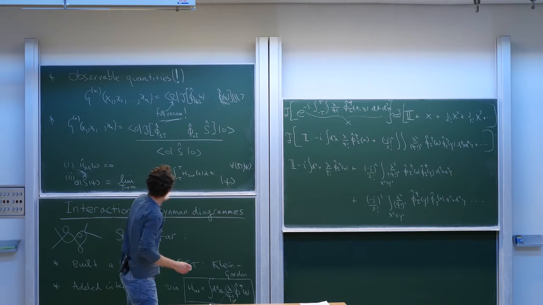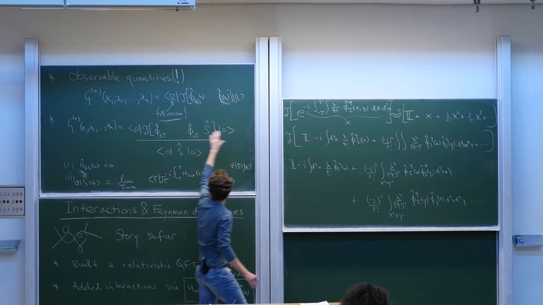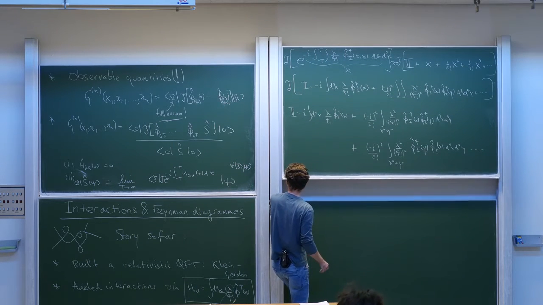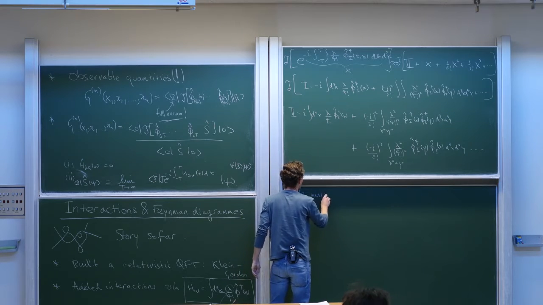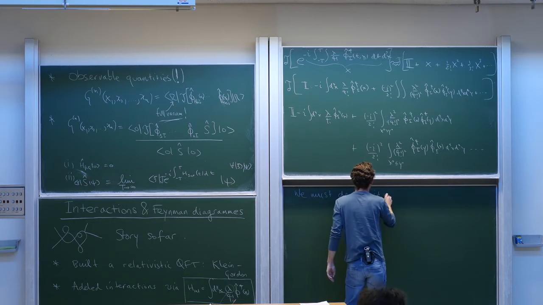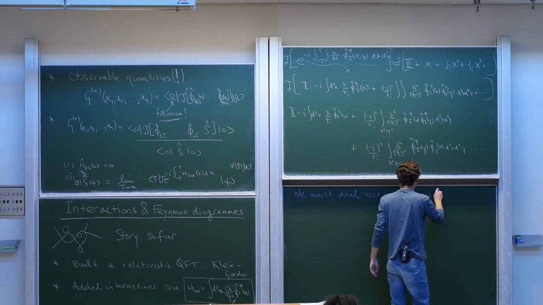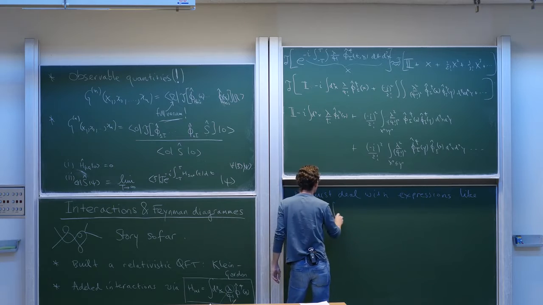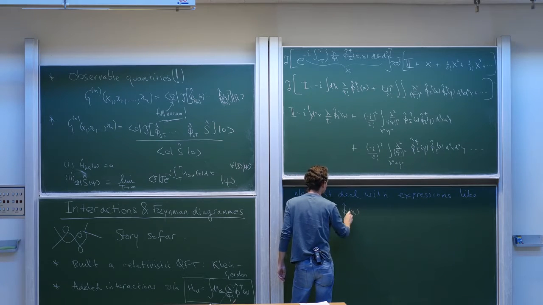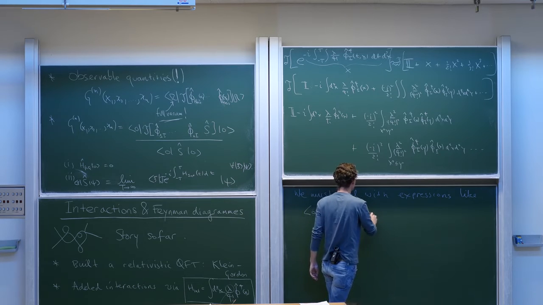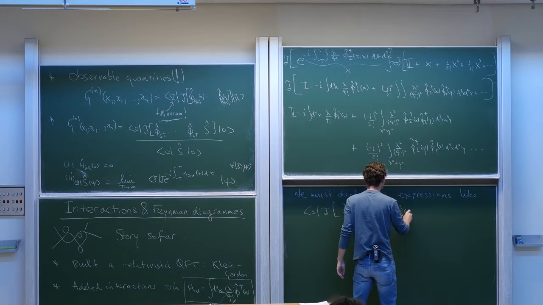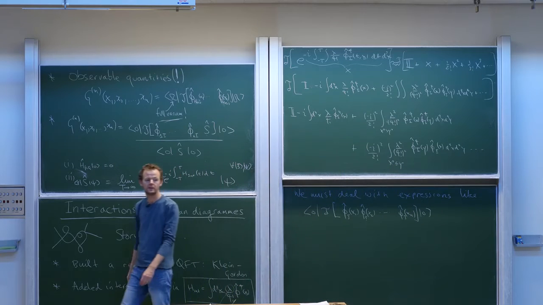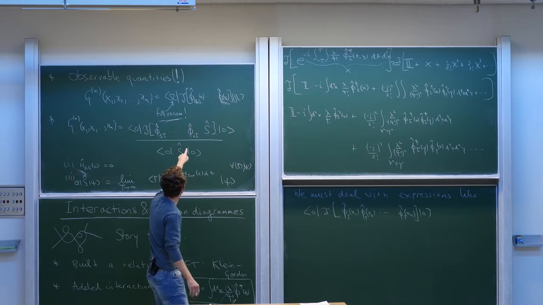And I hope it's clear that when you substitute this big series into this expression here, we're going to have to deal with expressions like that, where this n is disconnected to this n.